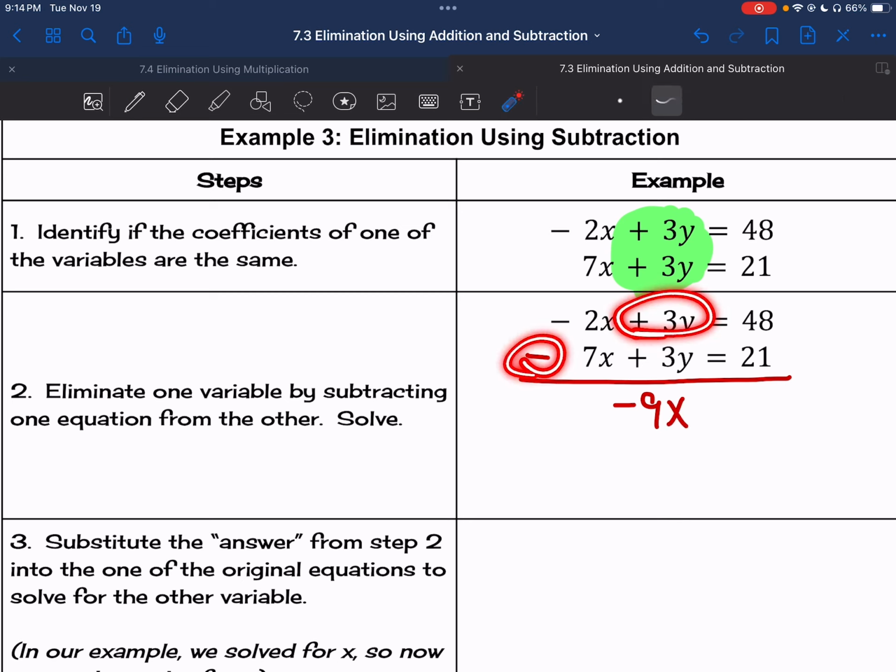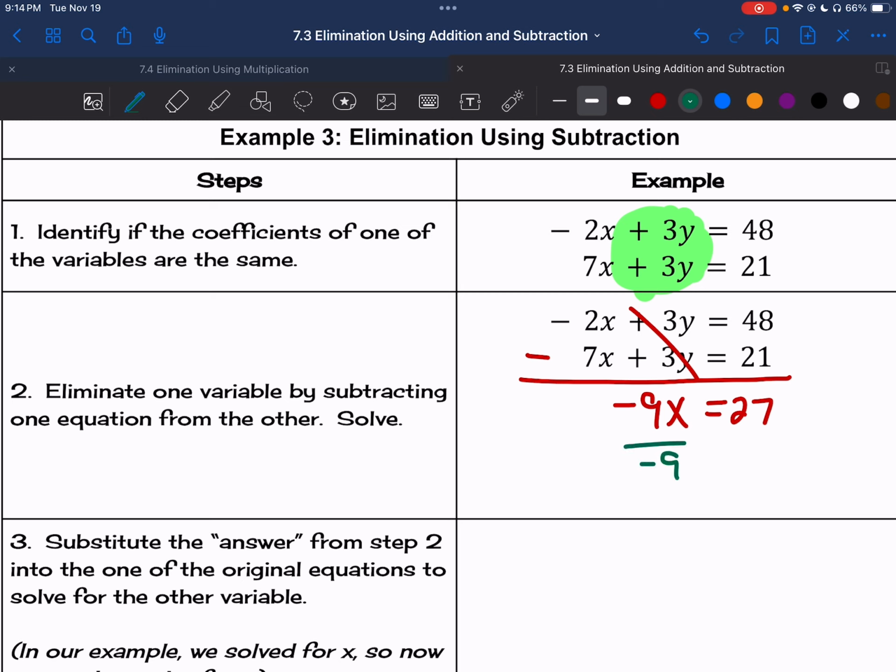Positive 3y minus positive 3y is going to cancel out. And then we have 48 minus 21, which is going to give us 27. Now we divide both sides by negative 9, and we get that x is equal to negative 3.